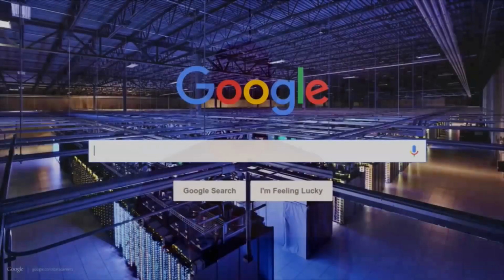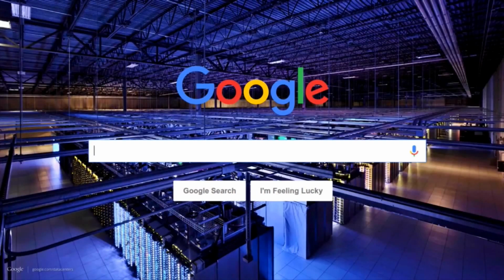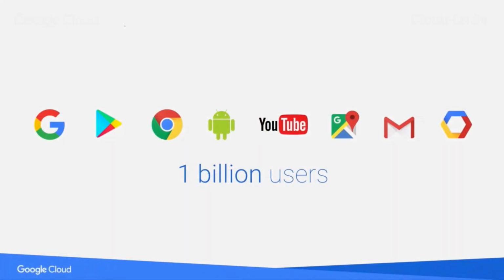Behind the search engine, behind this clean interface of Google search, there's a big infrastructure and footprints across the globe in different locations. And this infrastructure doesn't just support Google search engine. There are other products within our portfolio. There are other businesses within our portfolio. These are businesses that all of them already hit more than 1 billion users.